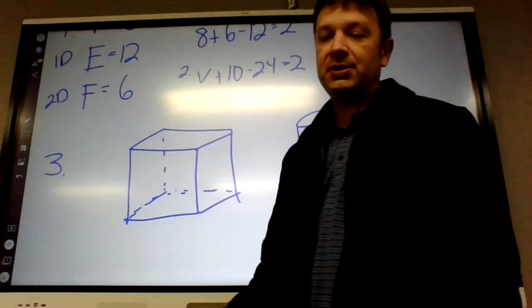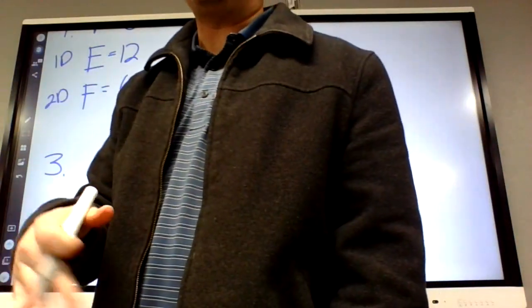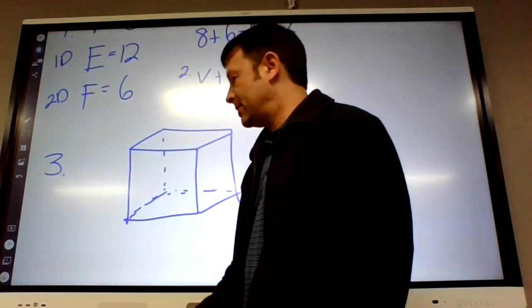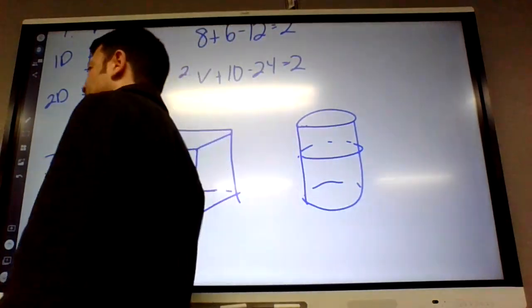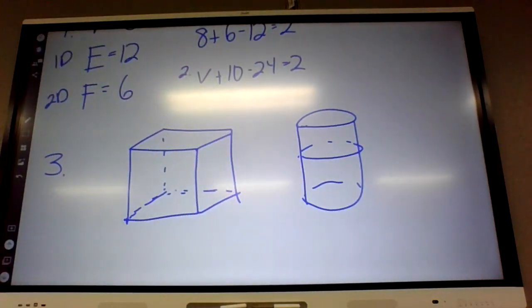So number 3 says a plane through the opposite edges of a cube. What do you think they mean by opposite edges? Wish I had a big cube, but I do not have a big cube. Got a box. Got a little cube. A little cube is a failure.